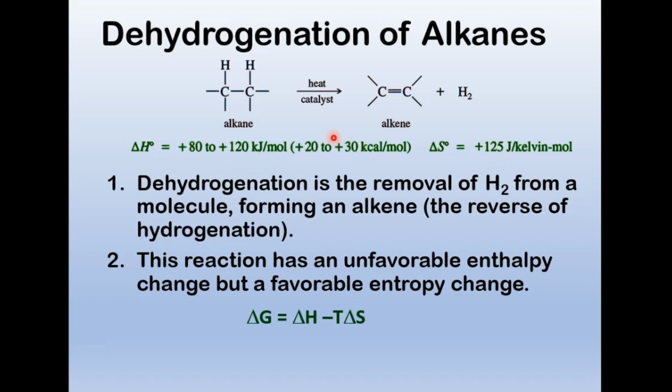But yet, if we heat up the temperature hot enough, this reaction spontaneously goes in the forward direction. It's because it's driven by the increase in entropy. This reaction has an unfavorable enthalpy. Products that are at a higher energy level than the reactant, but a favorable entropy change. Do it at a high temperature, we increase the entropy of the universe, and we can make our black hydrogen.